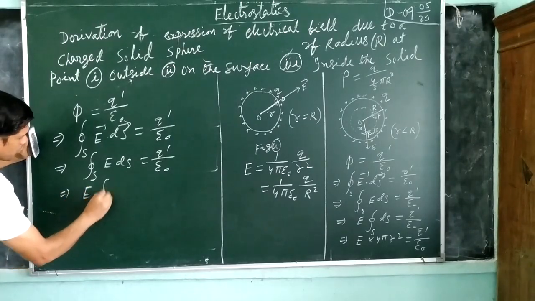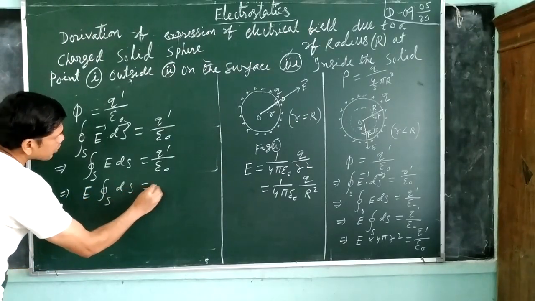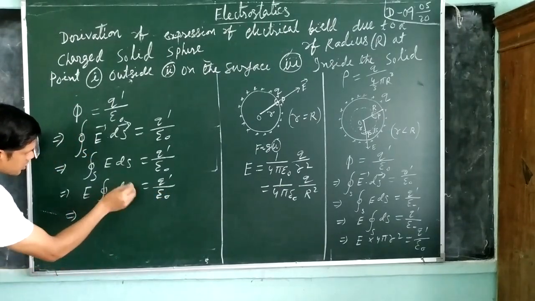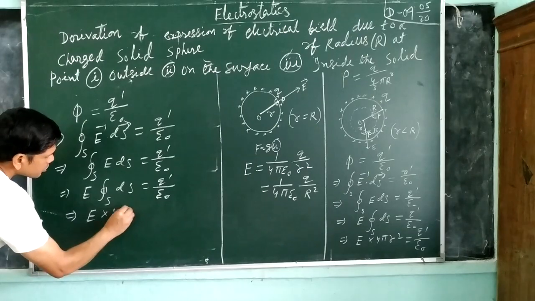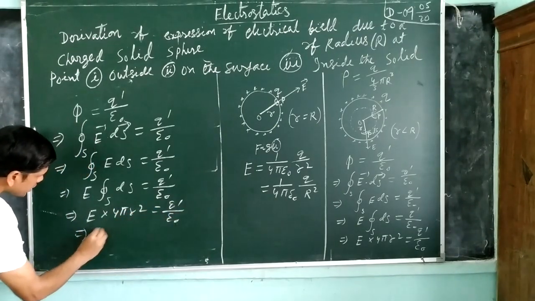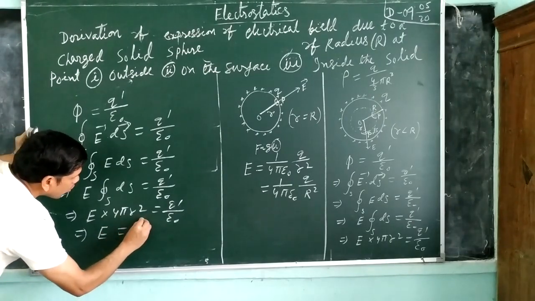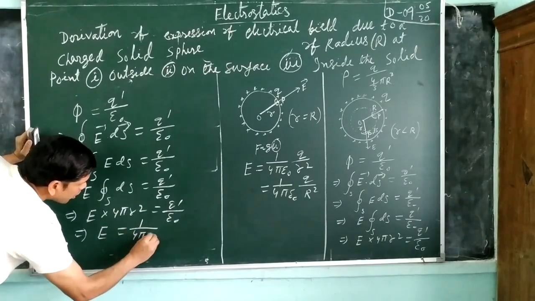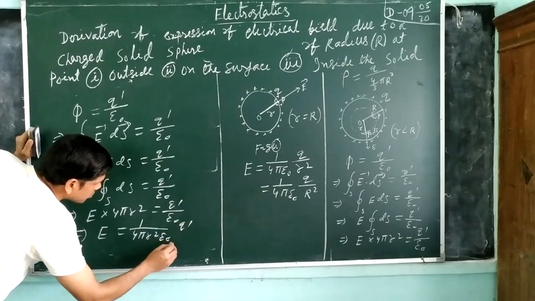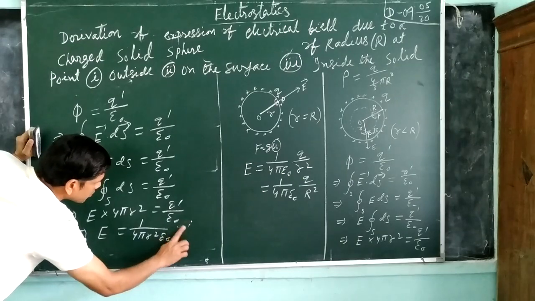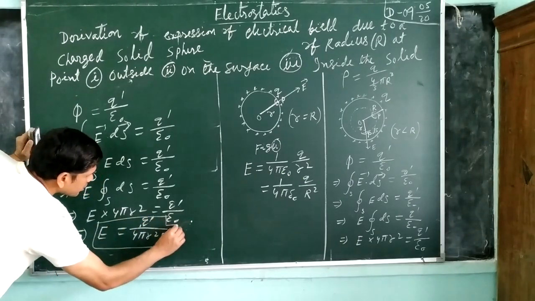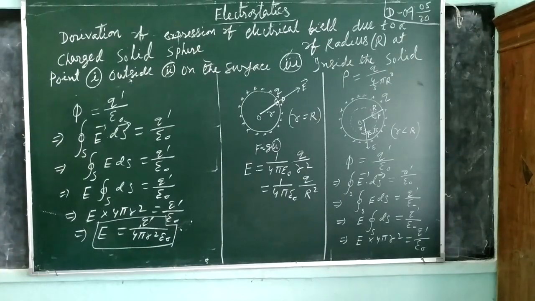The total surface area is 4 pi r square, so E equals 1 by 4 pi small r square epsilon naught times q dash. This is the expression. After this we have to find the value of q dash.